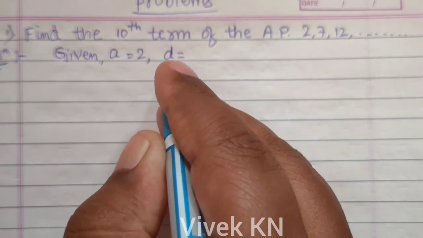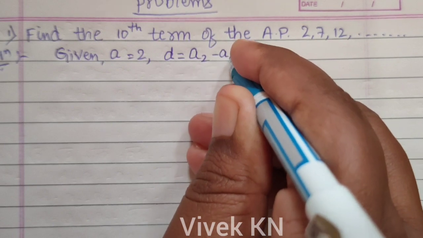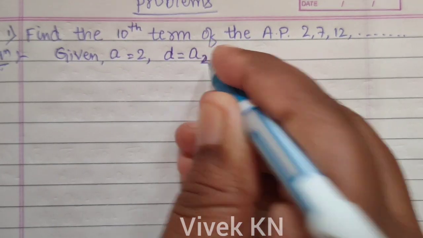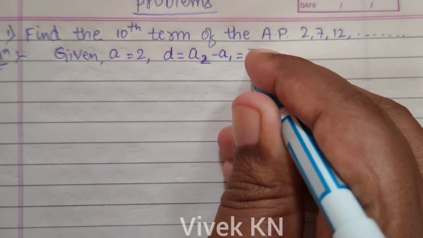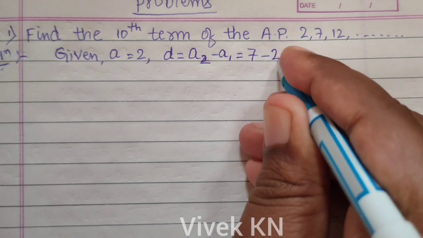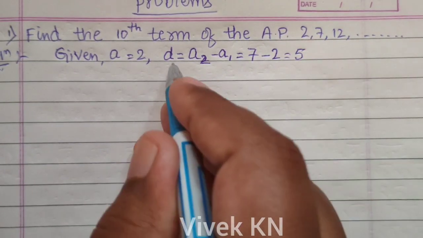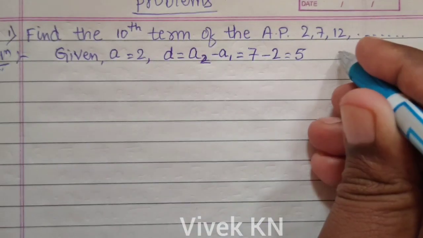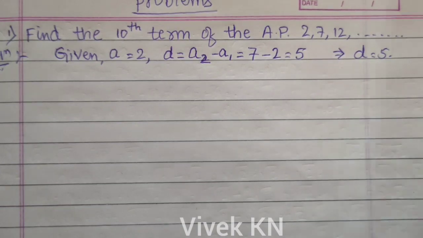The common difference formula is a2 minus a1. Here the second term is 7 minus the first term 2. Subtracting these two terms we get 5, that is d is equal to 5.